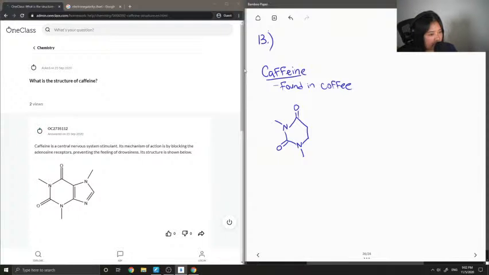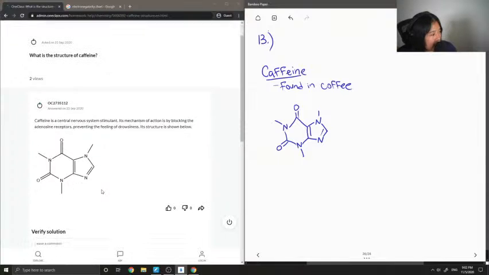And then I'm just going to draw out the second ring, which is just a 5-membered aromatic nitrogen ring as well. Yeah, so that's all there is to it.